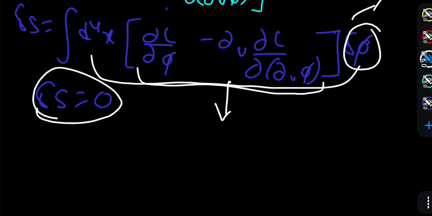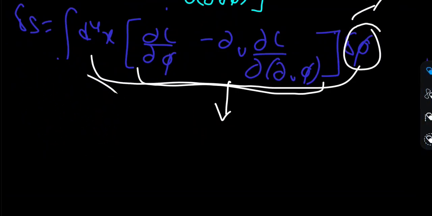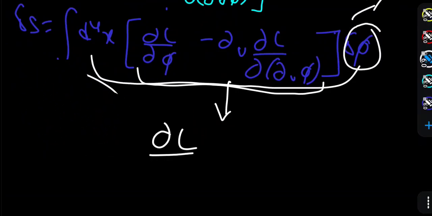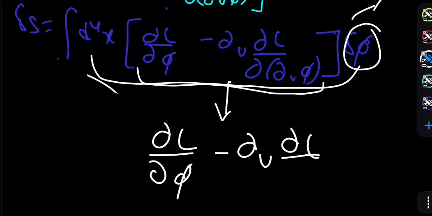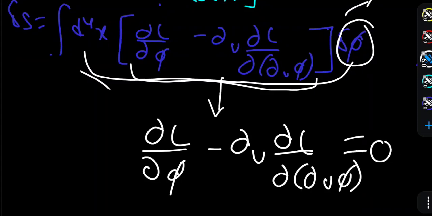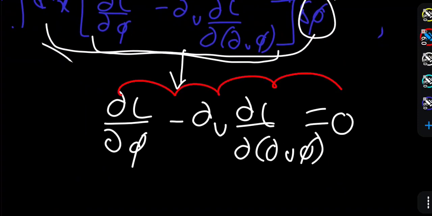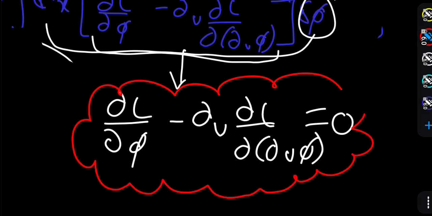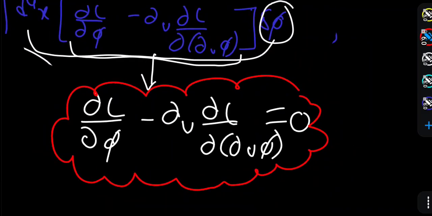Let's see. This is very important. So ∂L/∂φ minus ∂_μ ∂L/∂(∂_μφ) equals 0. Guess what? This is our equation. This is our Euler-Lagrange equation.